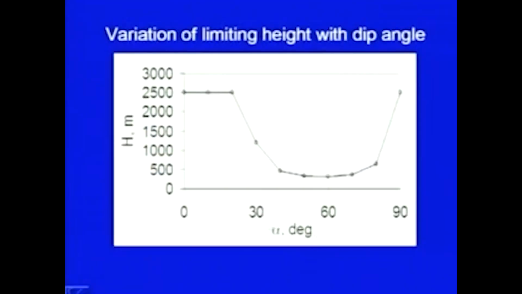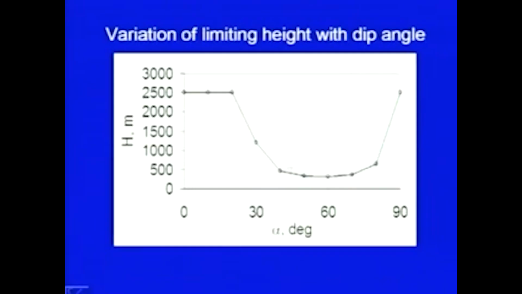Let me show the variation. Here on the x axis we have drawn the angle alpha, on the y axis the limiting height, and you can see how it is varying. This is the curve which you are going to get from that expression, and it should be a smooth curve.